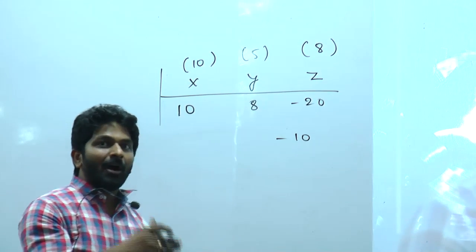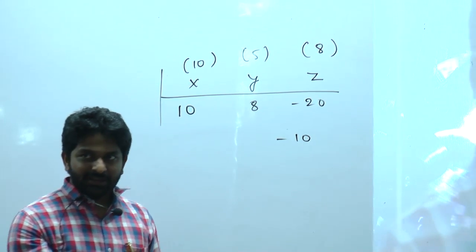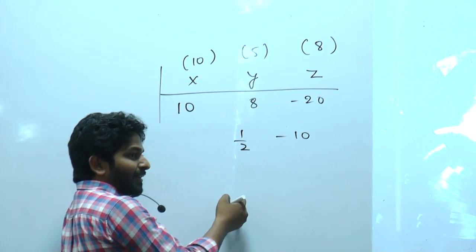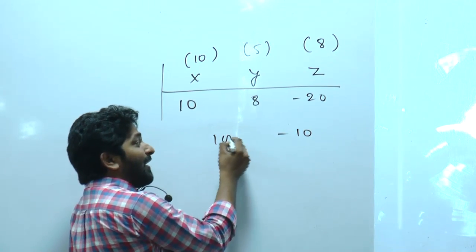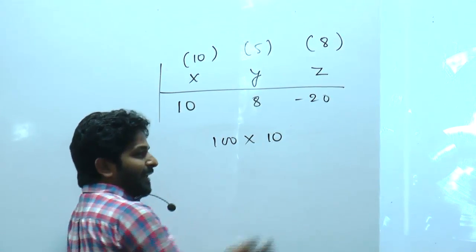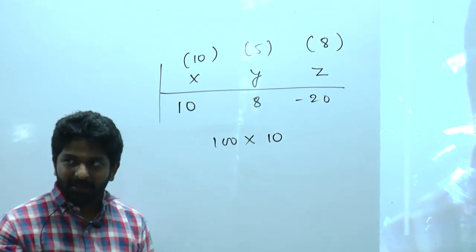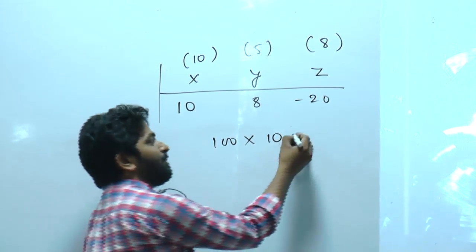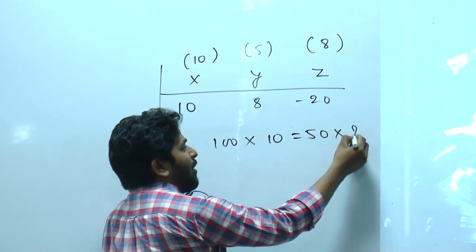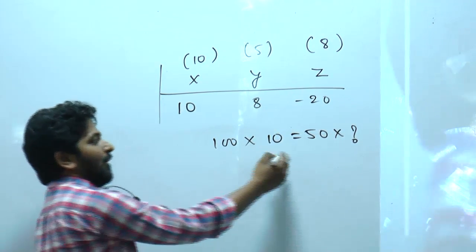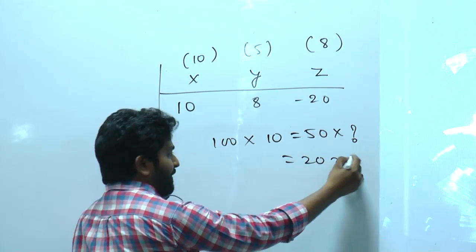But if alternate taps are closed, in the sense with half of its efficiency, with 100% efficiency it takes 10 minutes to empty the tank. If alternate taps are closed, it does only 50% efficiency. With 50% efficiency, how much time does it take to empty the tank? 20 minutes.